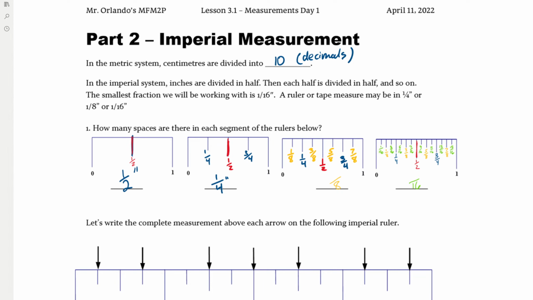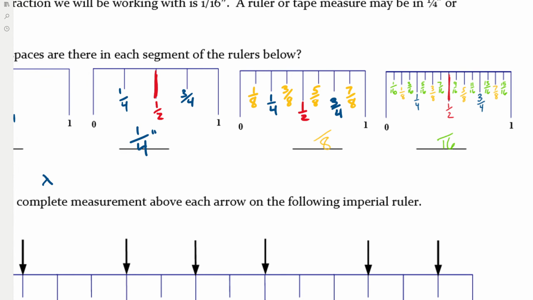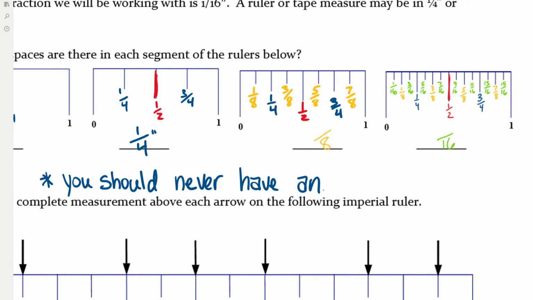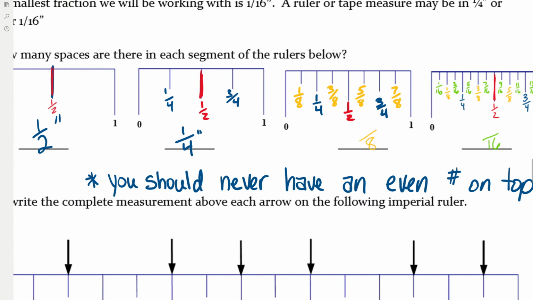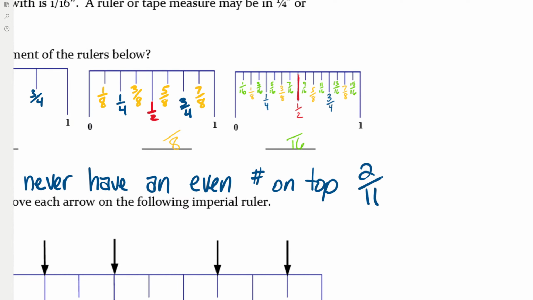Now note, you should never have an even number on top. If you can, there's a better way to write it. Right? For example, if you had 2/16, well, the better way to write 2/16 is an eighth.